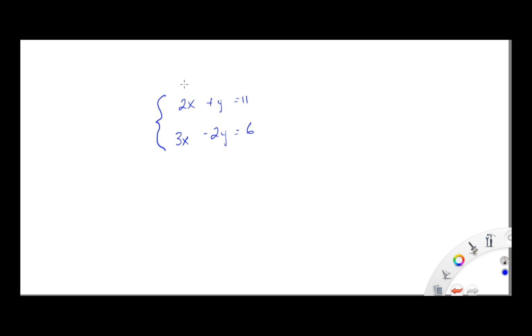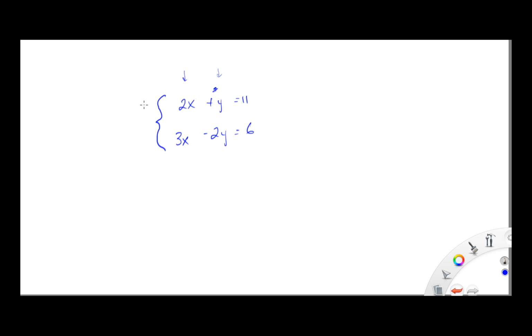Okay, well, I want to take a look at the x's and I want to take a look at the y's and decide which one can eliminate easier. Well, at first glance you might say, well, I can't really get rid of the x's and I can't really get rid of the y's because they're not the same. I would have to have a 2y because this is a negative 2y to eliminate. Well, how do I get that?